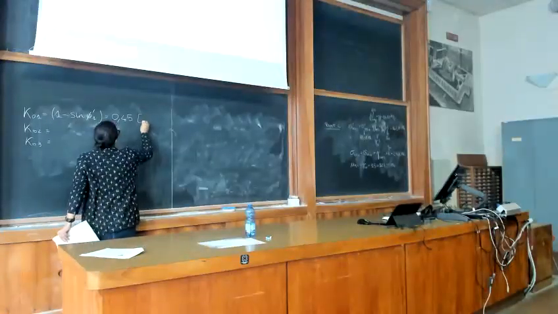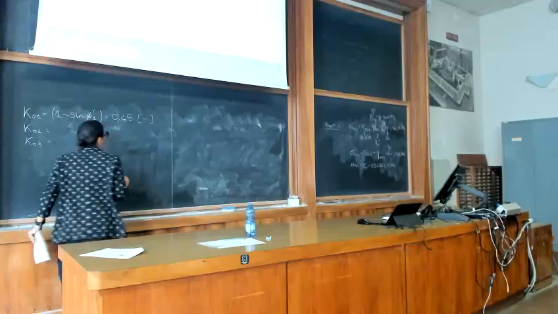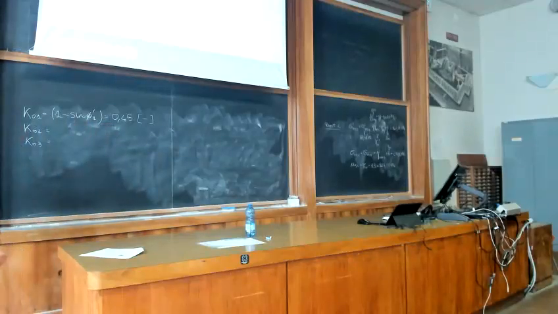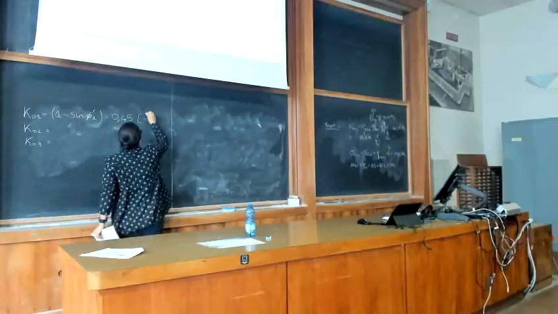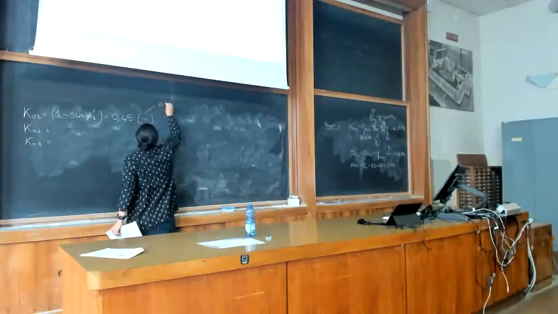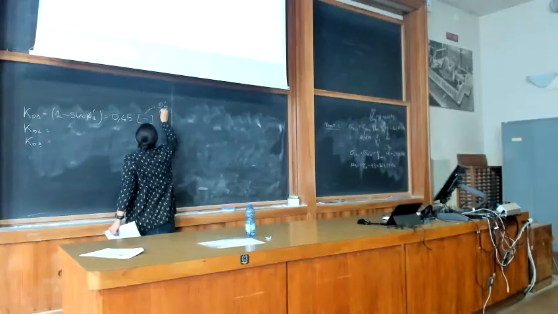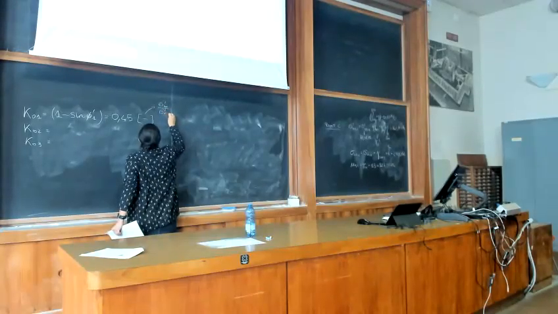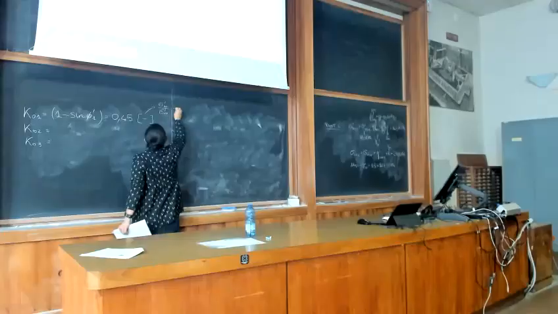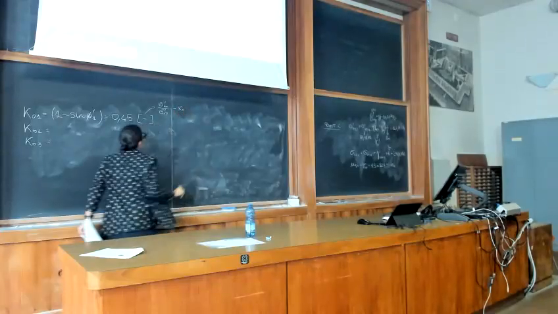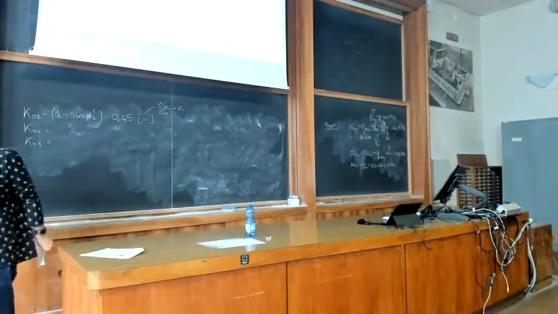Remember that this is dimensionless, it has no unit, because it is the ratio between stresses. This is sigma dash H naught divided by sigma dash V naught. This is K naught, the earth pressure coefficient at rest.